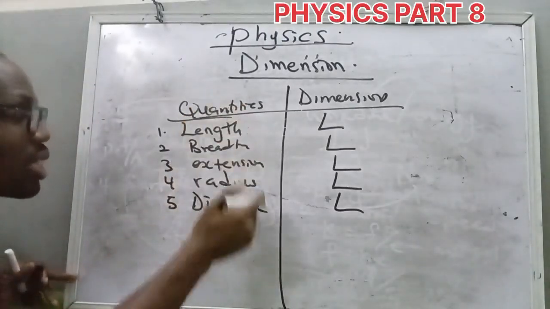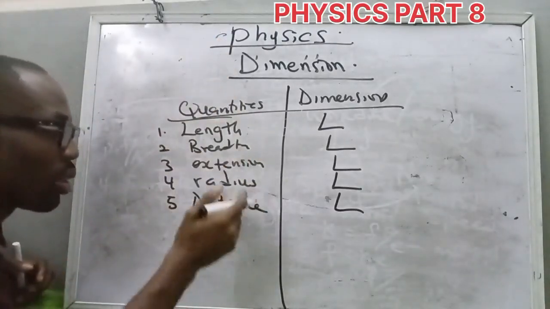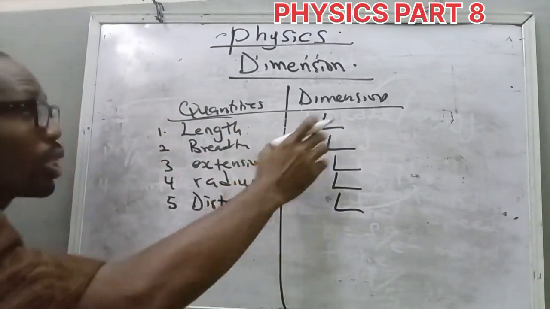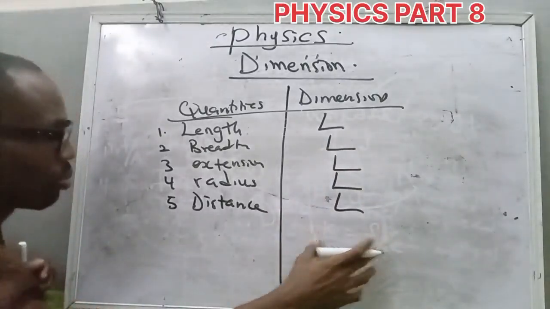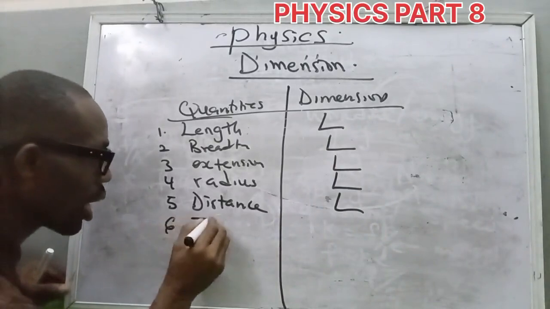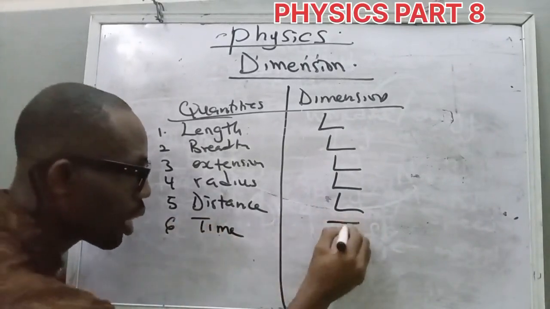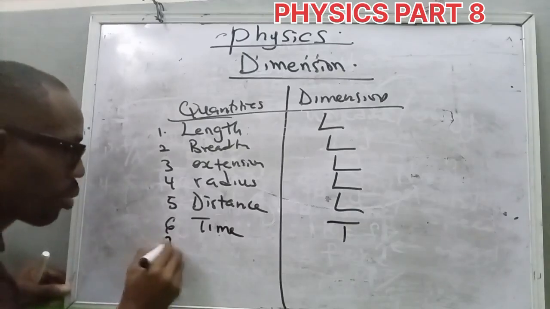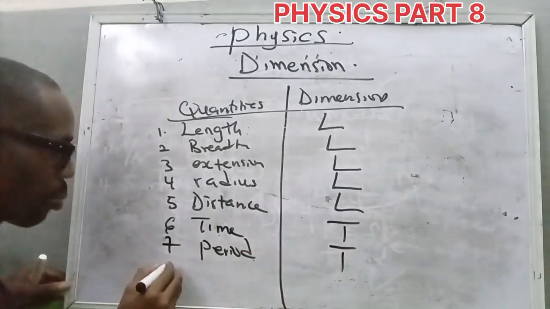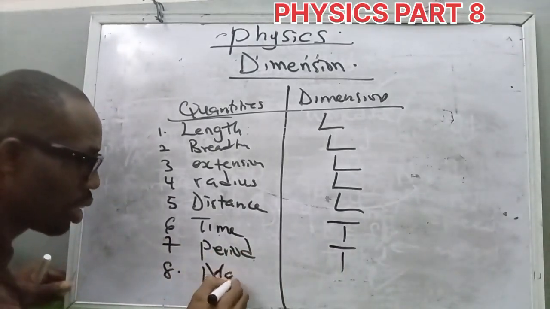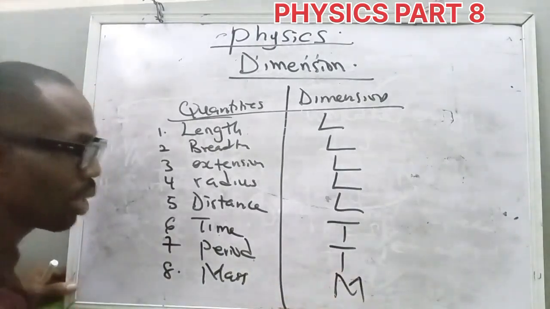Anytime you see any of these things being written or asked as a question, their dimension is represented as L. Is that clear? Number 6, when you see time, represent it as capital letter T. Number 7, when you see period, represent it as capital letter T. And number 8, the last, when you see mass, represent it as capital letter M.